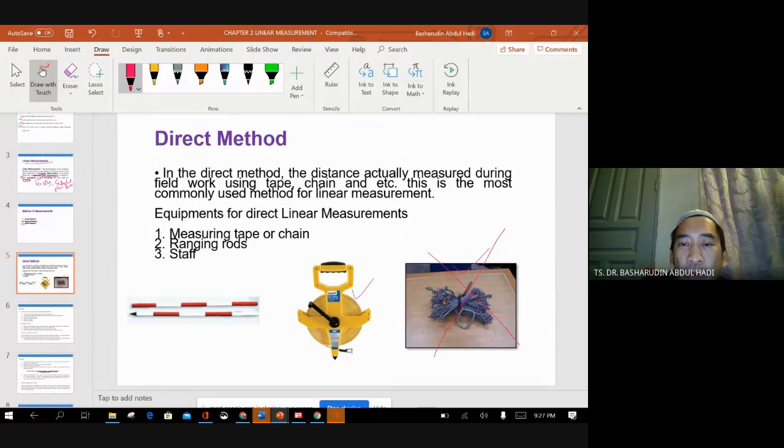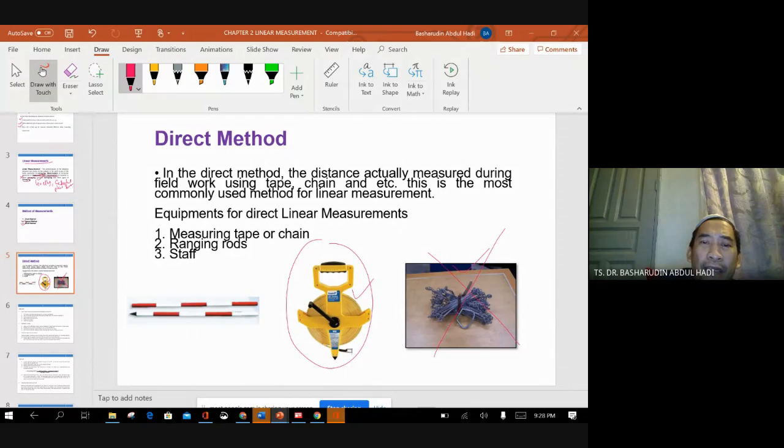We have technology already, but we're using this one, a tape. In the direct method, the distance is actually measured during fieldwork using tape, chain, etc. This is the most commonly used method for linear measurement.